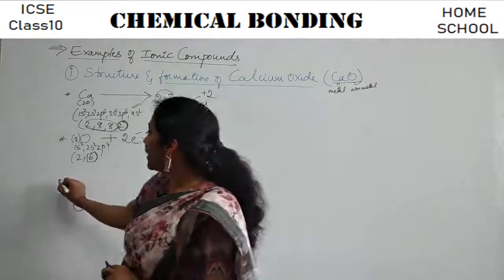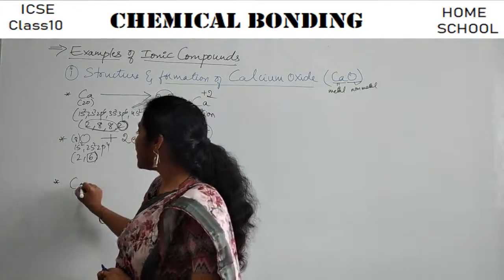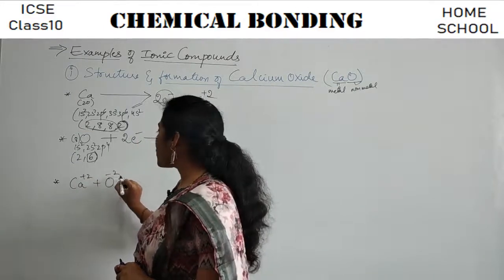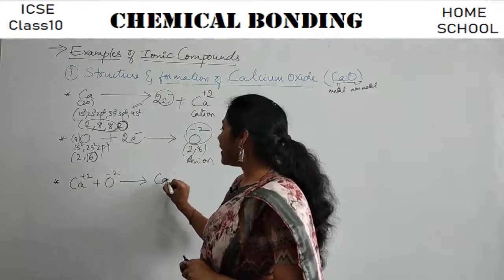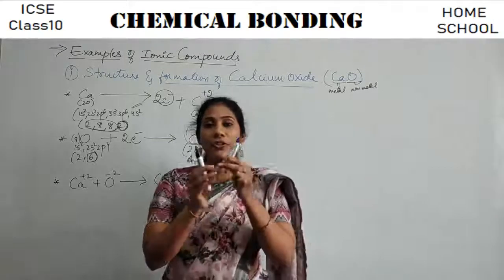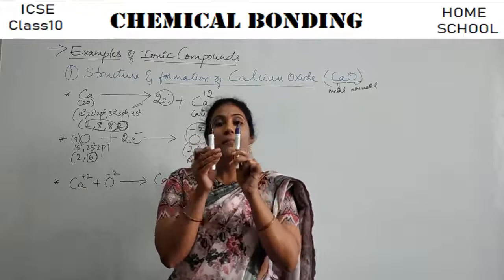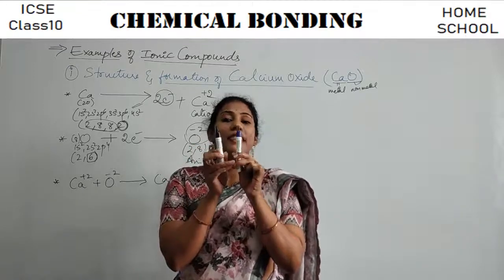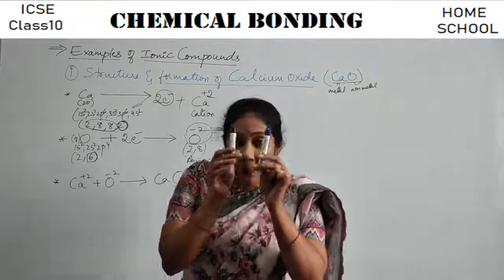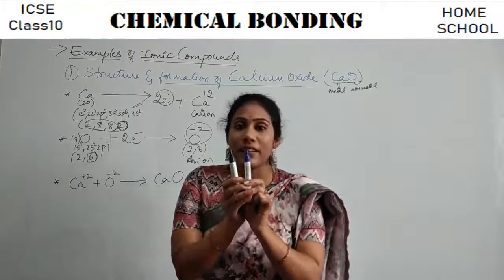And now in step number 3, what do you show? Ca+2 combines with O-2 and you will get an ionic compound, calcium oxide. So one positively charged guy, when it comes near a negatively charged guy, an attraction is created that holds both of them together, right?